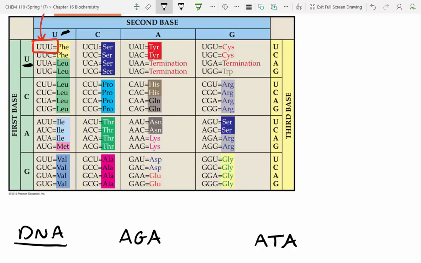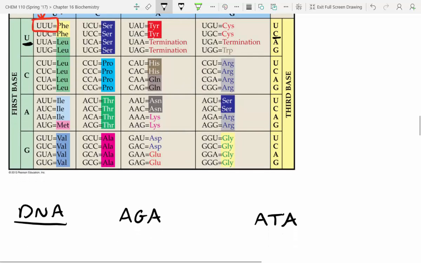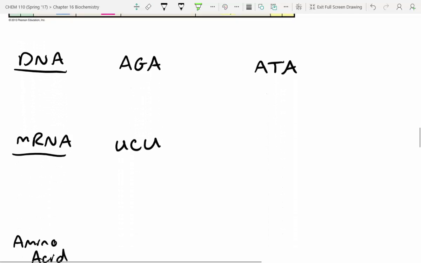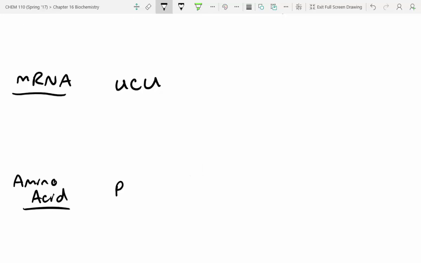And then our third one's a U. So it's UCU, so PHE, that's phenylalanine. So I'd say PHE. So on your Sapling, you may have problems where you have to refer to a table. On an exam, for example, on the final exam, I would give you a table to refer to to help figure out this problem-solving sequence. All right, let's do the next one.